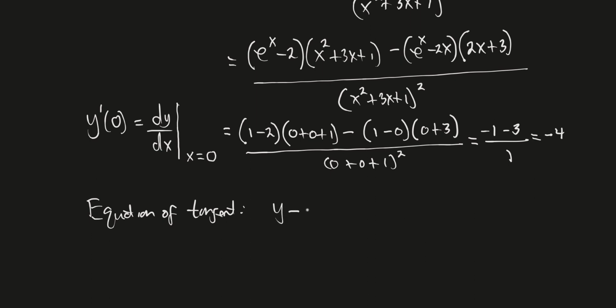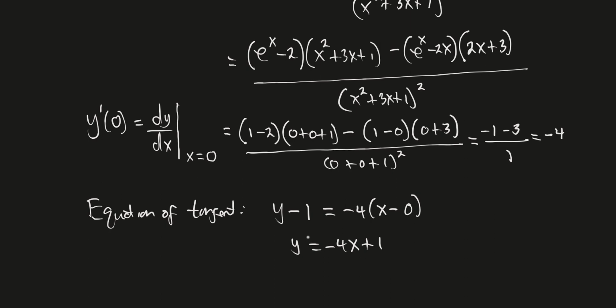It's y minus the y value, and that's equal to the slope times x minus the x value. And then we can convert this into the y equals mx plus b form by adding 1. So this is negative 4x plus 1.